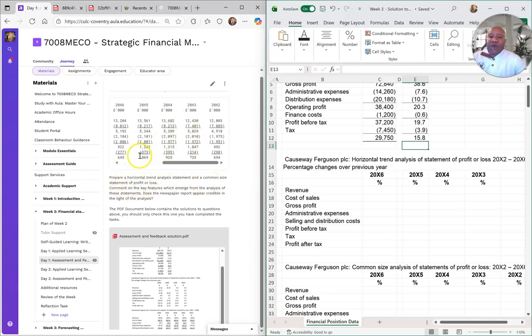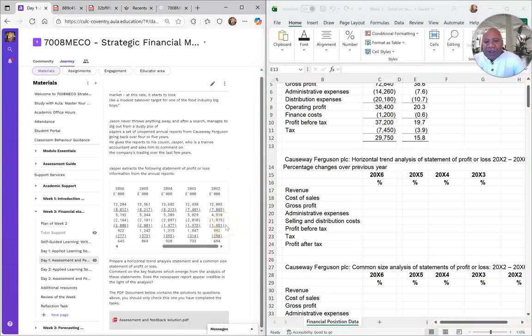So we're asked to prepare both the horizontal one and the common size one. Then comment on the key features which emerge from the analysis of these statements. Does the newspaper report appear credible in the light of the analysis?